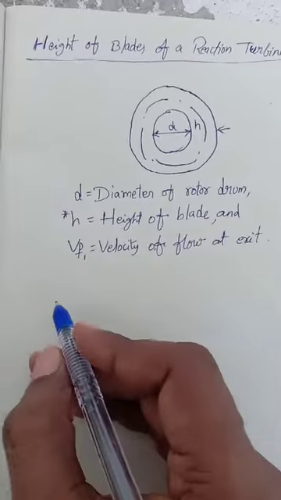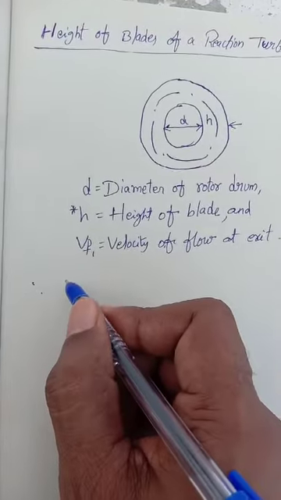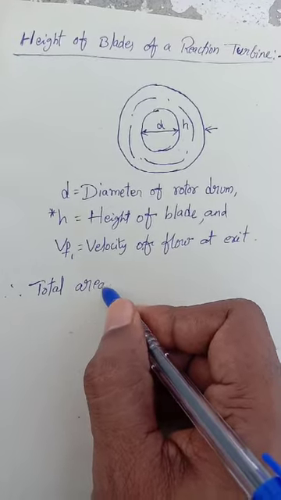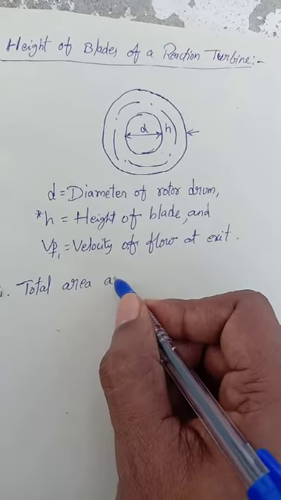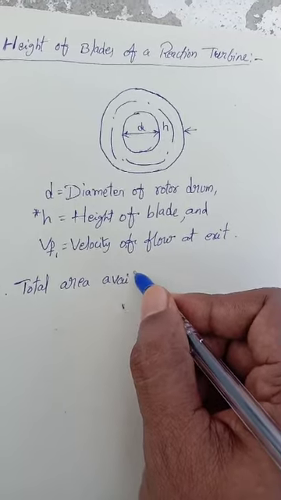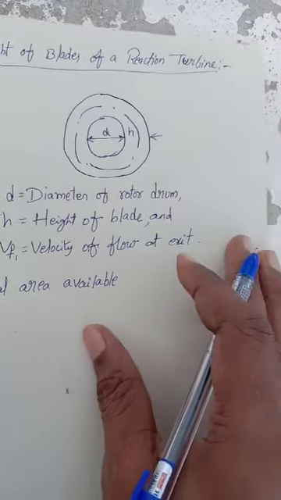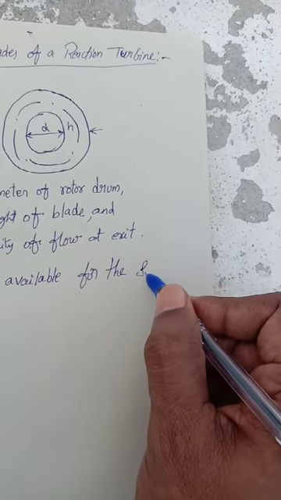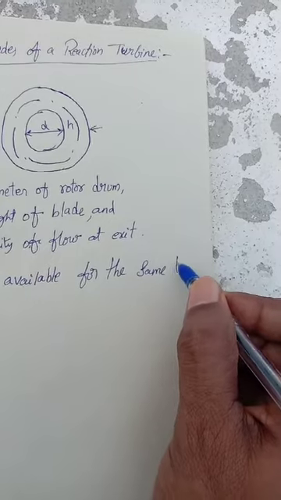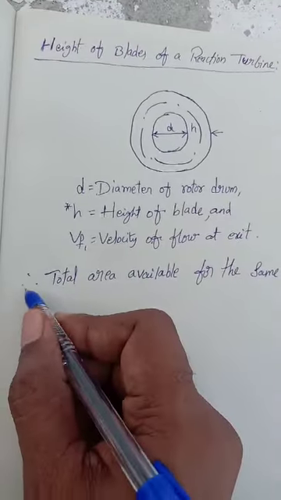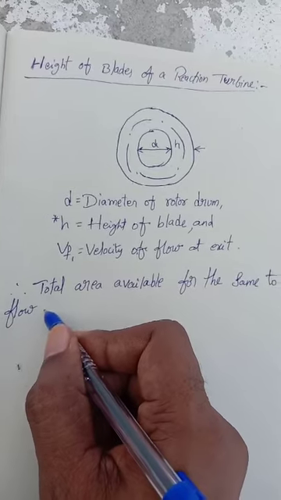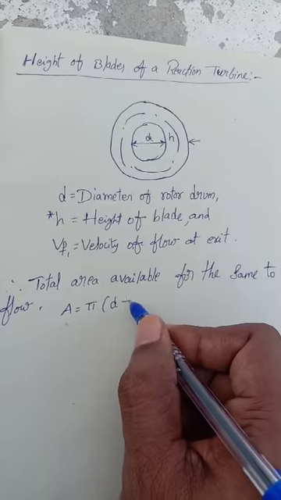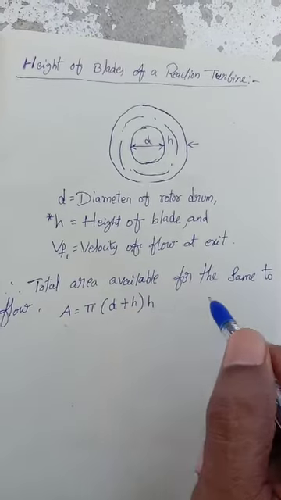Okay, so therefore the total area available for the steam to flow is A is equal to pi into (D plus h) into h.